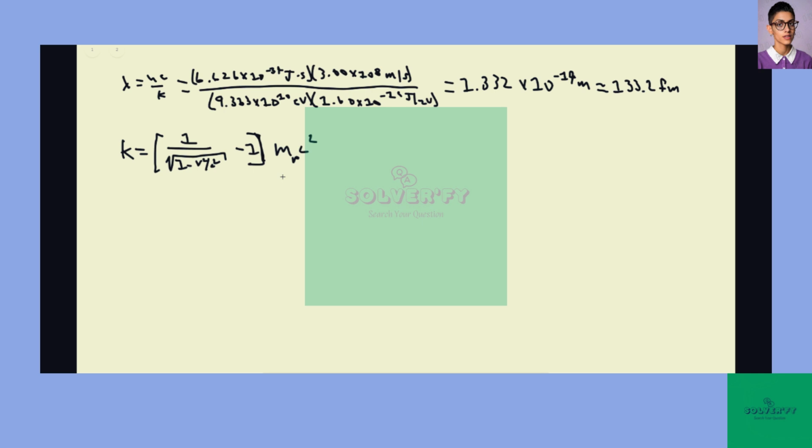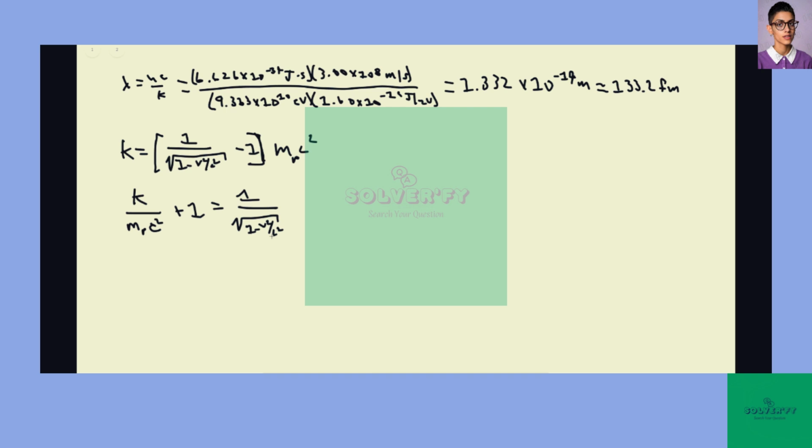This is the proton. And then we want to solve for the velocity. So we have k over mpc squared plus 1 is equal to 1 over the square root of 1 minus v squared over c squared.